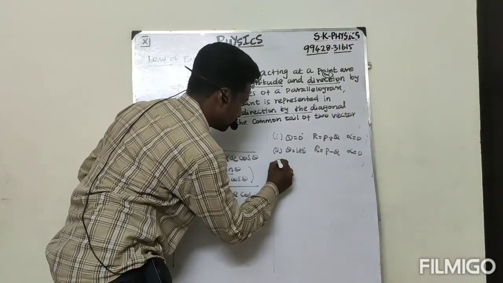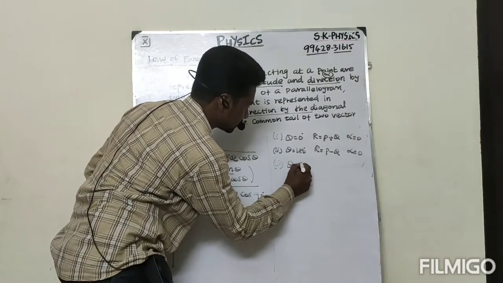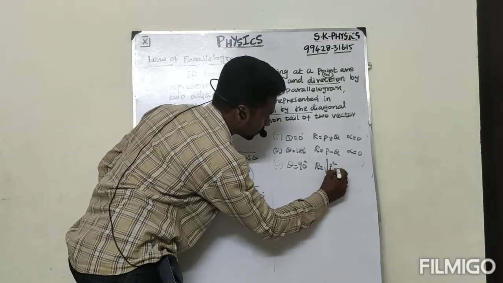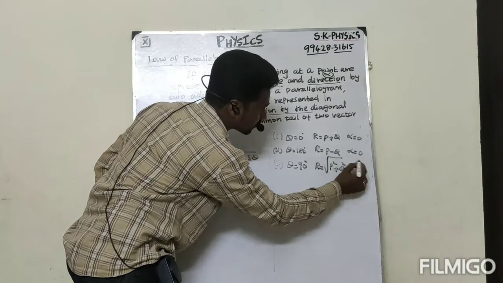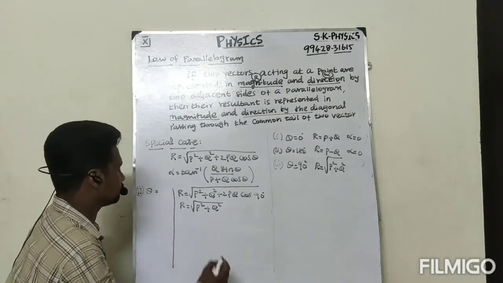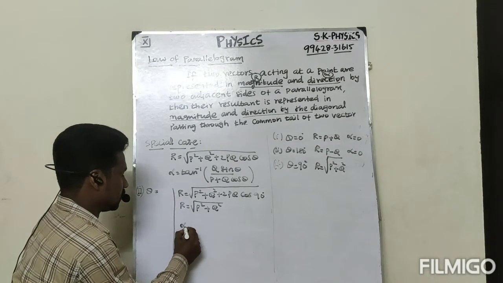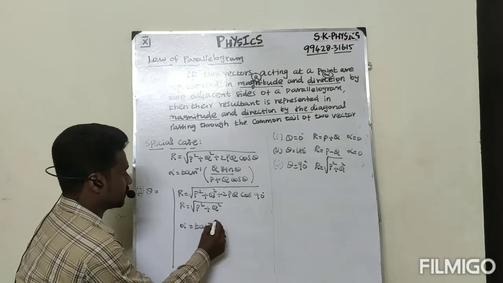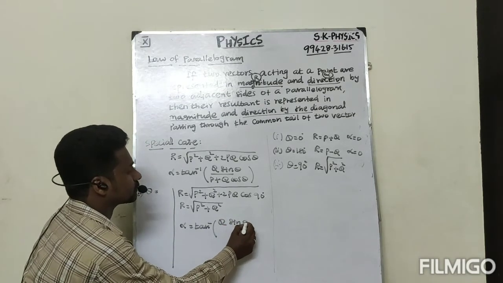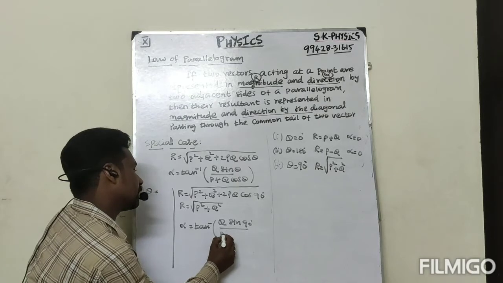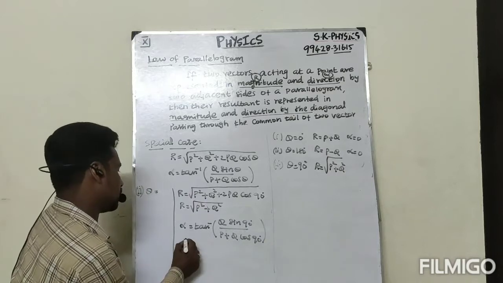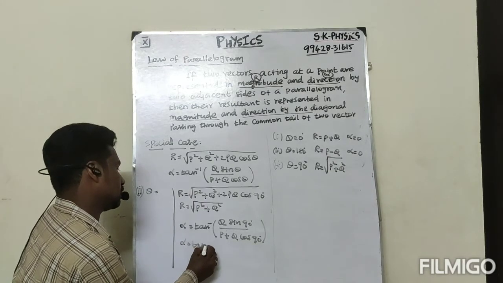So the third case, theta is equal to 90 degree, R will be equal to whole root of P square plus Q square. Then alpha, that is the angle. Alpha is equal to tan inverse of Q sin 90 divided by P plus Q cos 90.